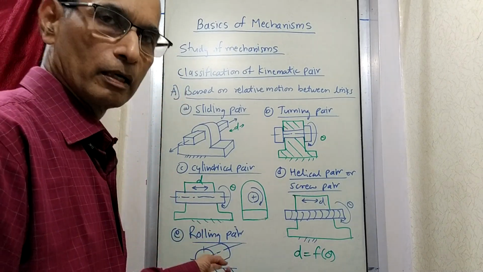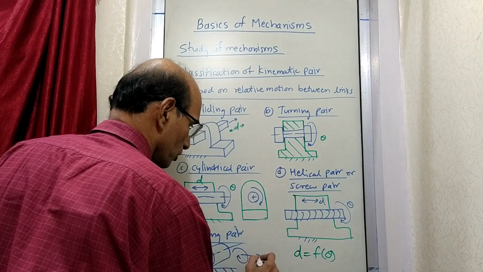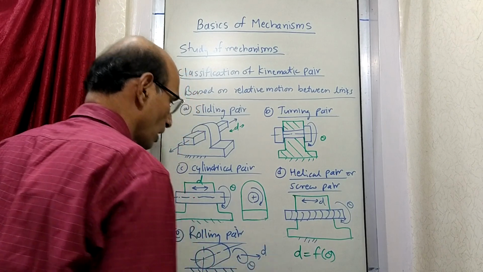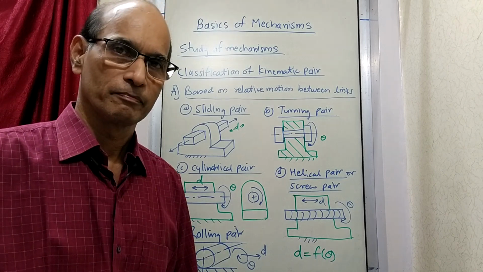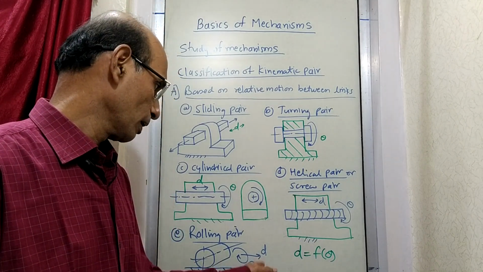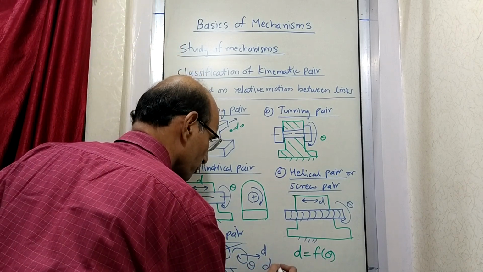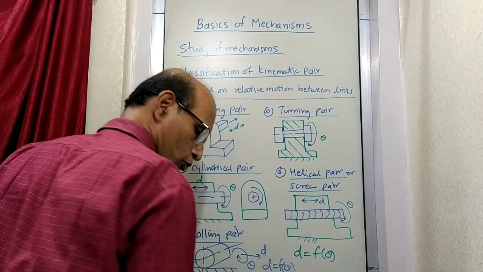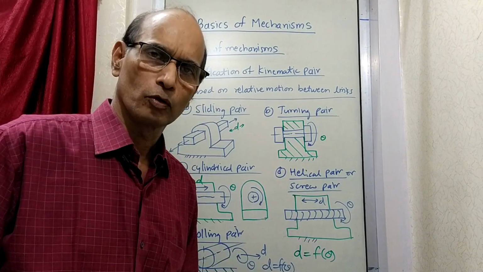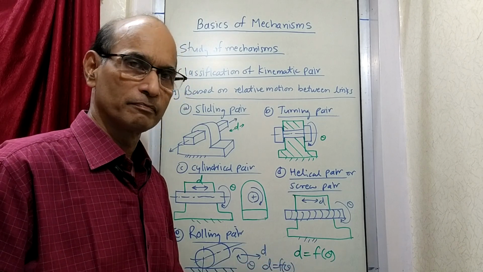Now this is a roller, and what will this roller do? It will perform rotary action, and it will move forward also. So again it will have rotation and displacement, but again they are related, therefore d is a function of theta again. So this is called a rolling pair, and it is useful because the two different movements are related, like this.